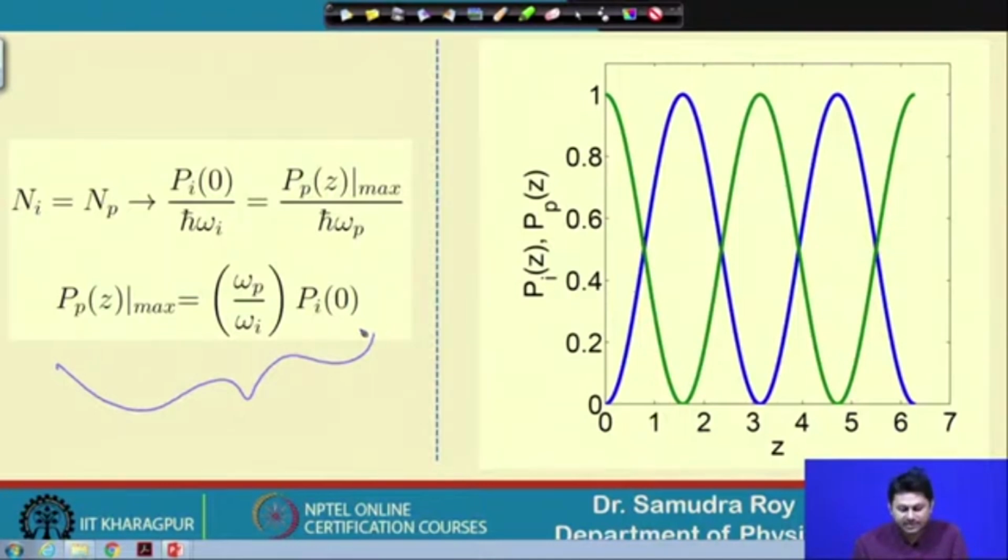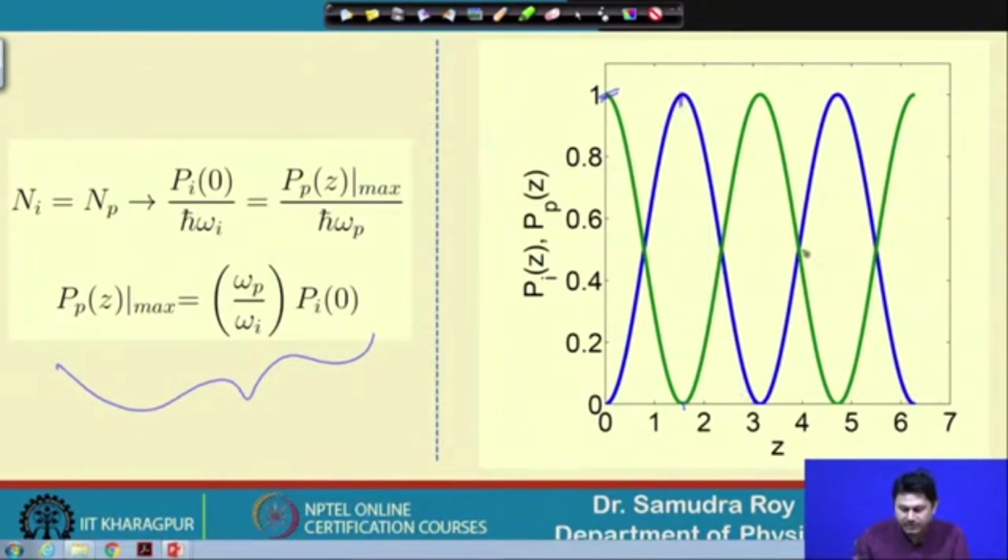So, that suggests that if I now plot these two things together, then we can find that the idler power and pump power can exchange energy. This is the input idler power, and now it is reducing to 0 value, and the pump power is now increasing to the maxima.